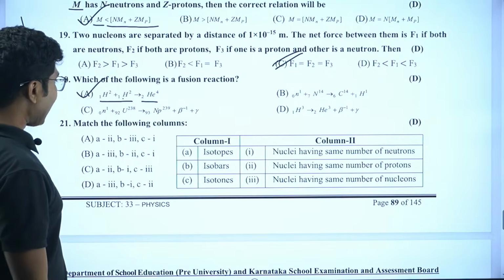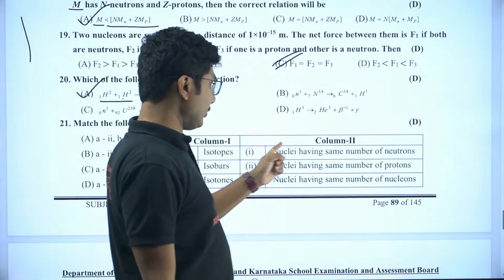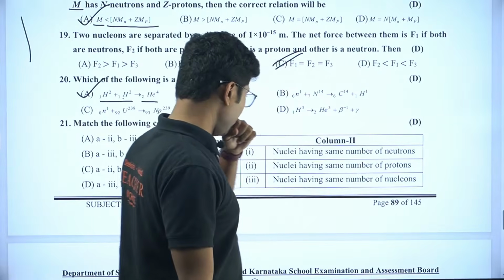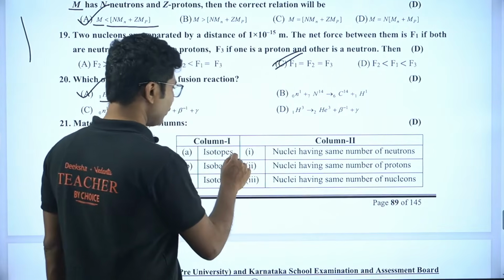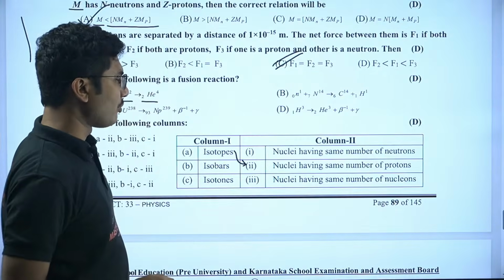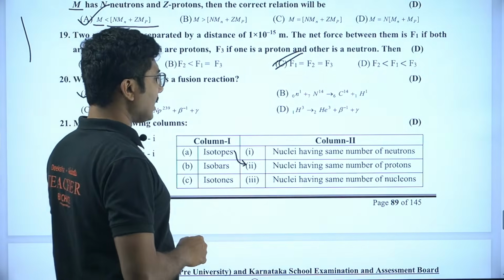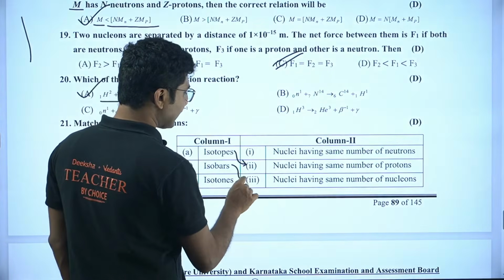Match the following columns. Isotopes are nuclei having the same number of protons. Isobars are nuclei having the same number of nucleons; isobar means same mass.